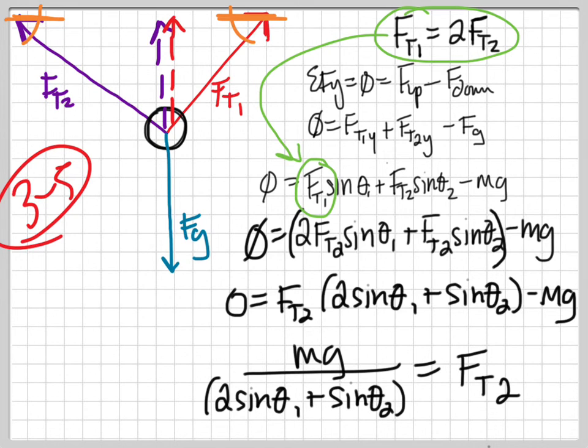Okay. Table 1, we're going to do the plug-in, find the first tension. Divide that by 2. So FT1 equals 2 times that. You multiply it by 2 to find FT1. This is the lesser force, FT2. The way that I had it set up, this is the smaller of the two forces.